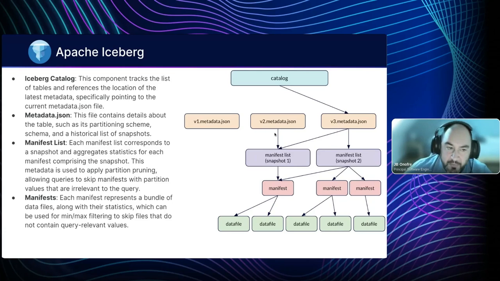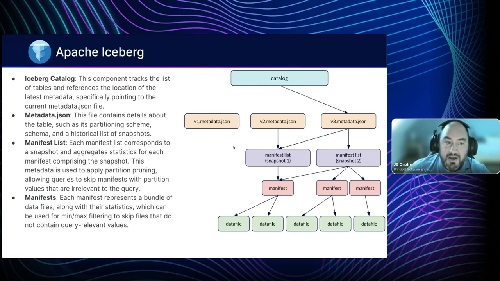On top of that, you have the metadata.json. The metadata.json is basically containing all the details about the table, such as the partitioning scheme, the schema of the table, and also all the history of the snapshots. So remember, a manifest list is a snapshot, and the metadata is a list of snapshots.